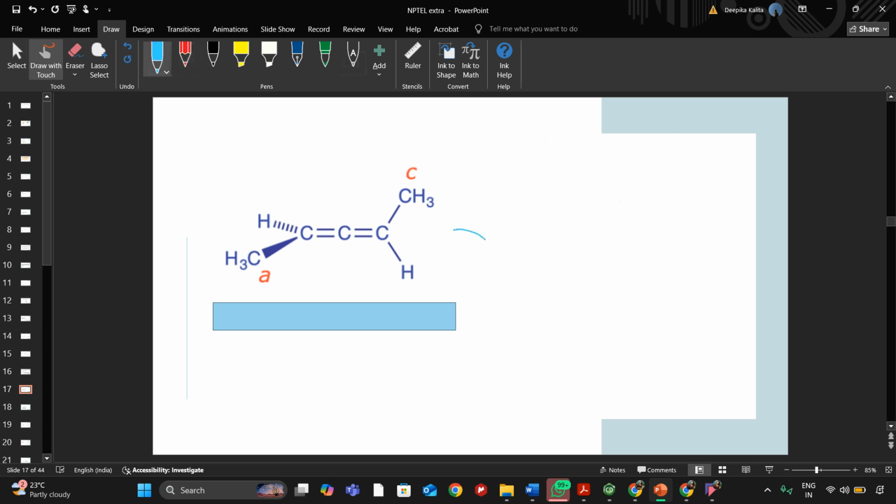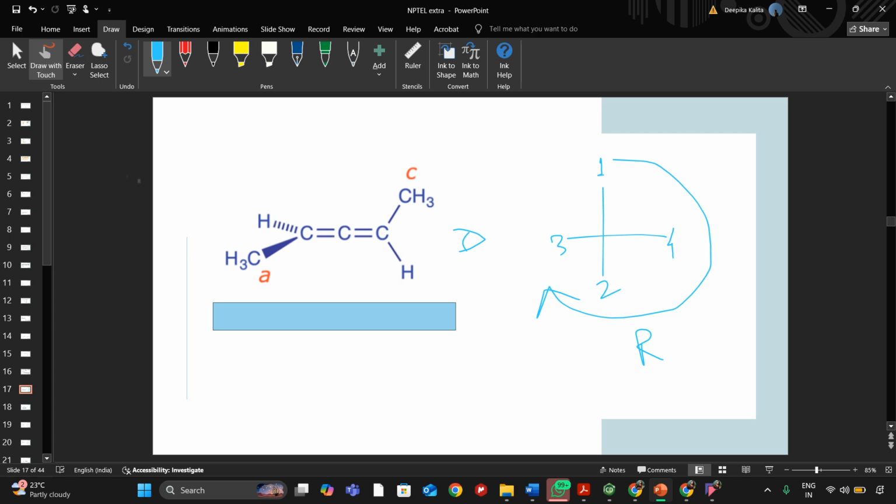We are going to place our eye here, and it would look like 1, 2, 3, and 4. So it is an R configuration.